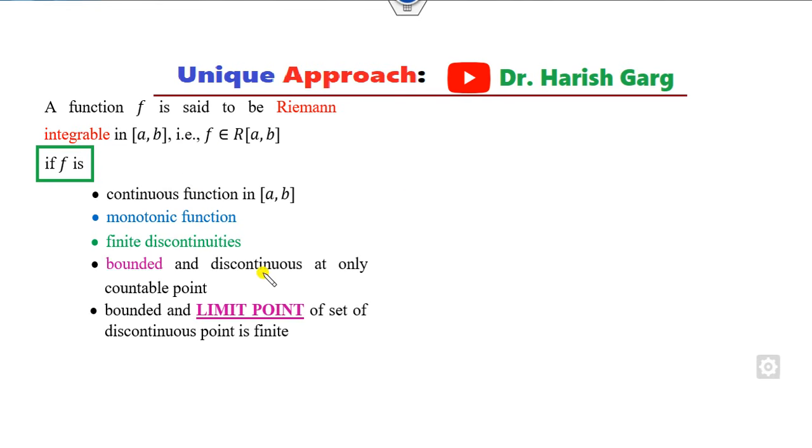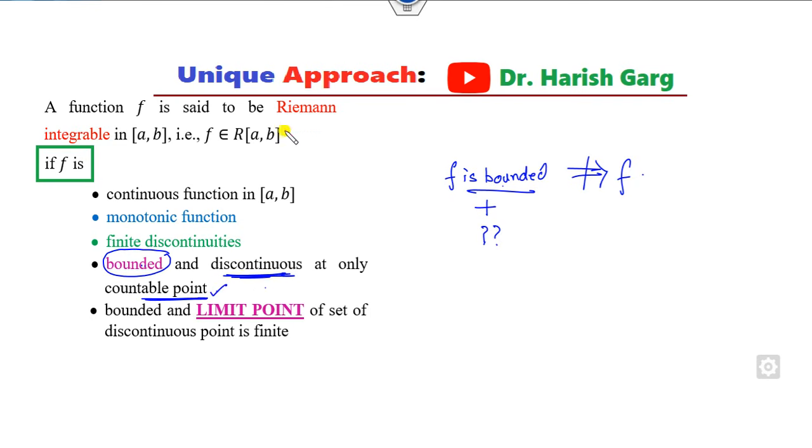If you have discontinuities at countably many points plus the function is bounded, make sure the function is bounded. If I say a function is bounded alone, it doesn't mean that it is Riemann integrable. But if the function is bounded plus discontinuous at countable points, then you can say it's Riemann integrable.